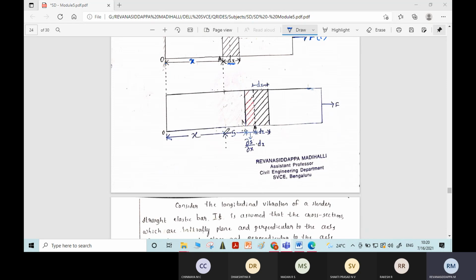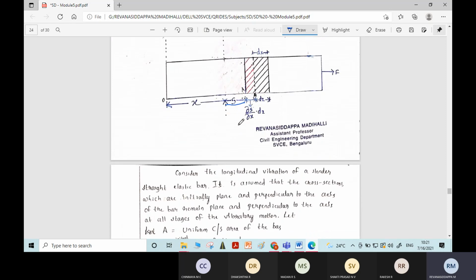In this deformed shape, let S be the change in length of x, and del S by del x into dx be the change in length, or increase in length, of the elemental strip we have considered.